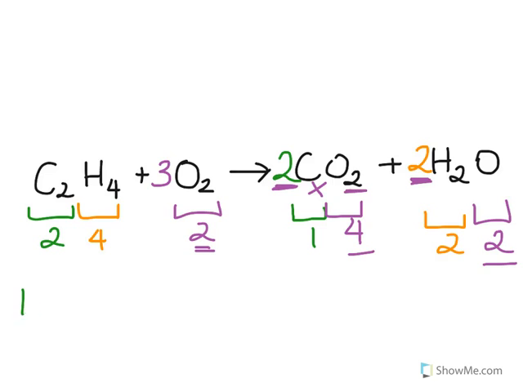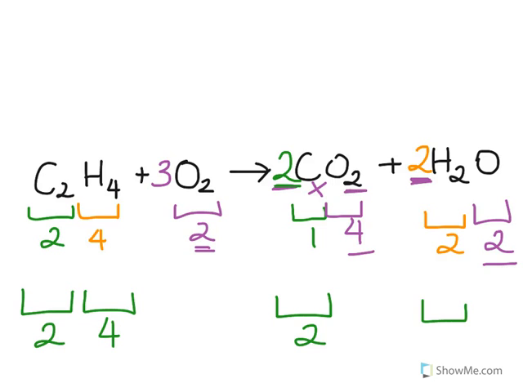So on this side, carbons, 2. Have a look here. Carbons, 2 times 1 gives me 2. Hydrogens, 4 there. Having a look over here, 2 times 2 gives me 4.